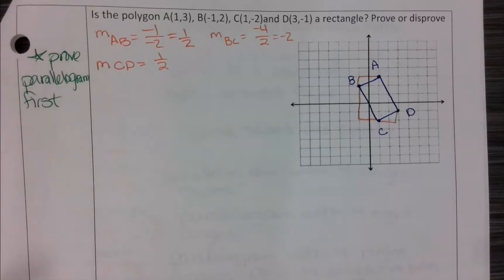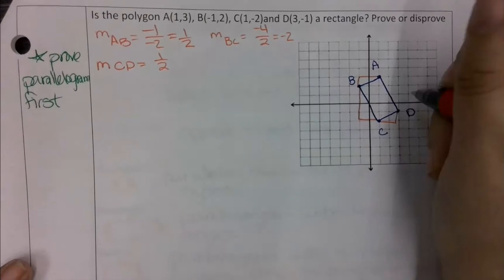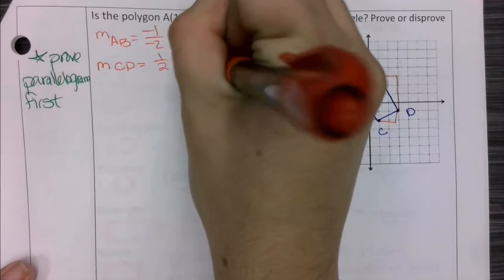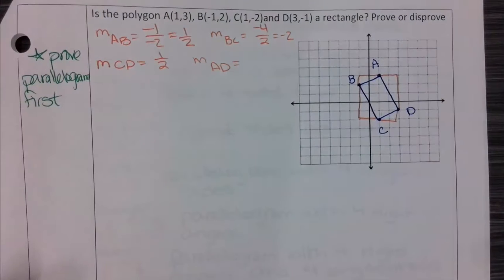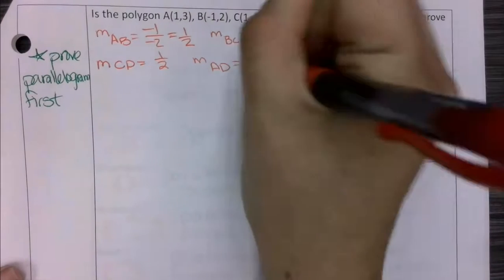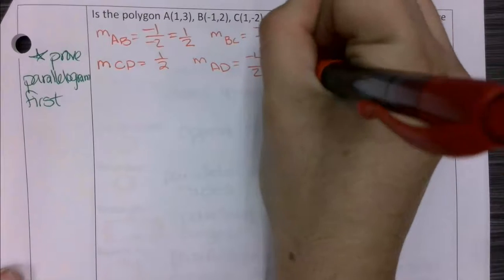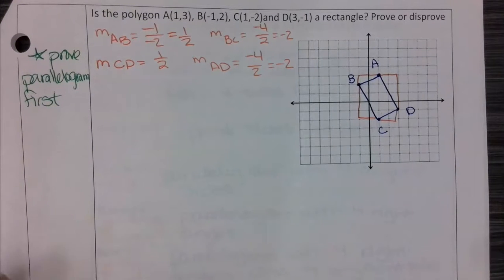But we're on the last page because we're almost done with this one. Okay, and then I have AD. Okay, so it's going down 4, right 2, so negative 2.